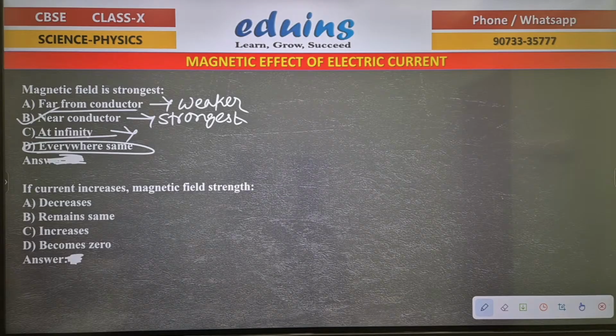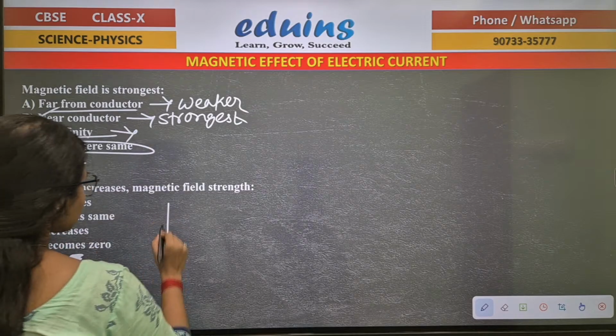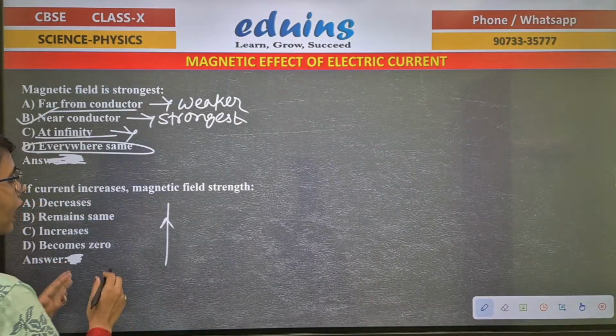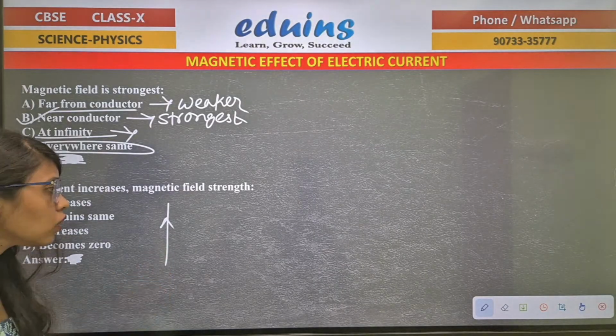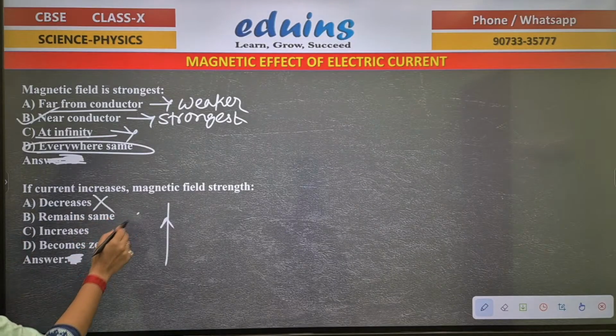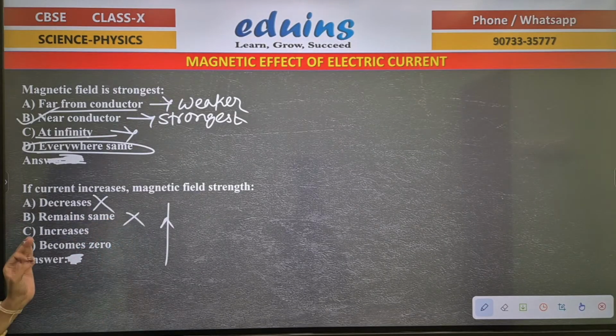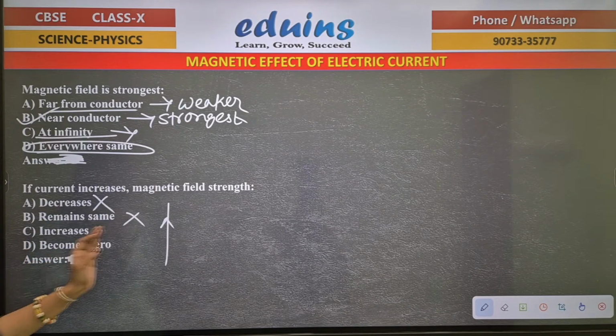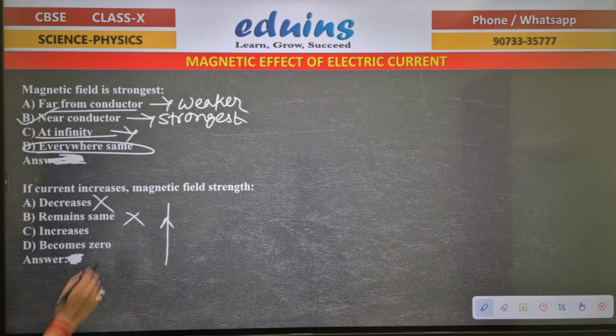So what will be the answer? If current increases, the magnetic field lines are closer to each other. So it does not decrease, and it does not remain the same. Only if the current remains the same would the magnetic field strength remain the same. So this is also not applicable.